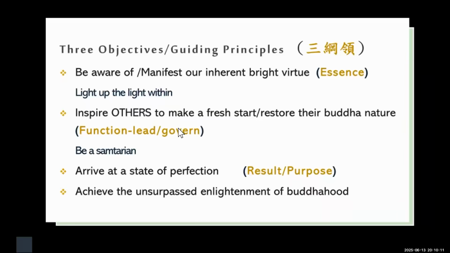Okay, there's another implication. The other can also mean the sentient beings, all the attributes within us, although some of them are not so good. So what could it mean? Our bad habits, the three poisons, our attachments, our improper thoughts.